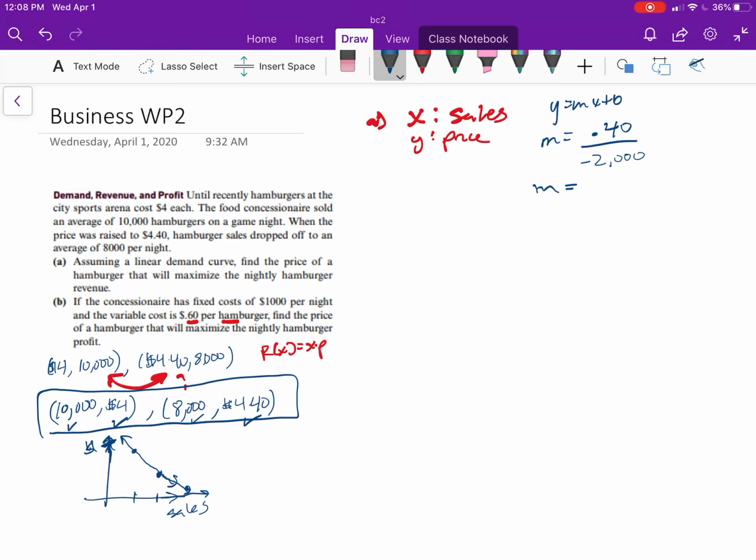Dividing that, I'm going to go ahead and make it a decimal for now. We get negative 0.0002. So what does that mean? For every partial penny drop, you'll sell one extra burger.